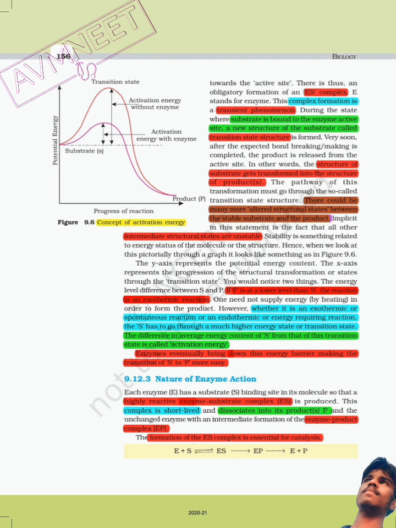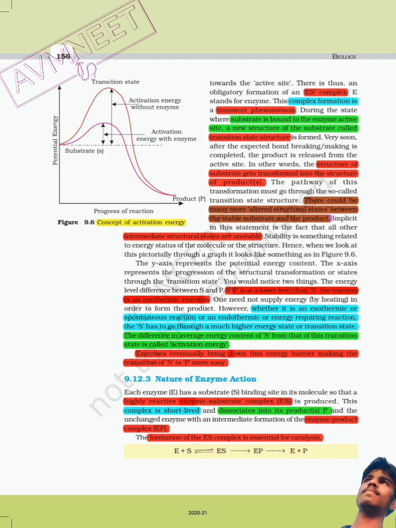Stability is something related to the energy status of the molecule or the structure. Hence, when we look at this pictorially through a graph, it looks like something as in figure 9.6. The y-axis represents the potential energy contained. The x-axis represents the progression of the structural transformation or states through the transition state.